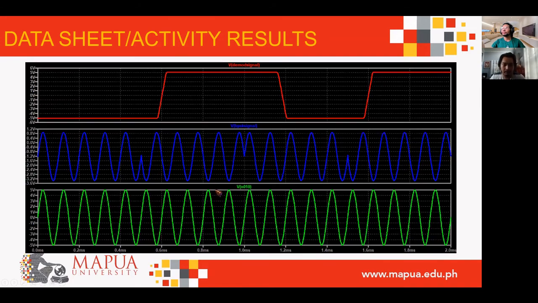As we can see here, the green labeled graph is the modulating signal, which is inputted along with the output of the modulator circuit, the blue labeled graph.